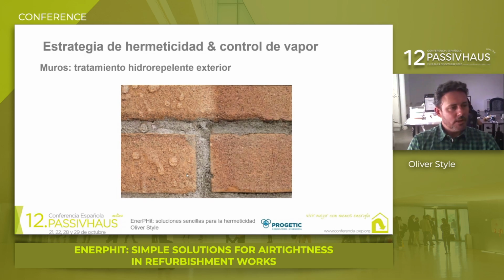We can see that the effect of this treatment confers the brick with certain properties as if it was a fabric with Gore-Tex treatment that reduces or eliminates water ingress in liquid form, which may potentially penetrate the interior.